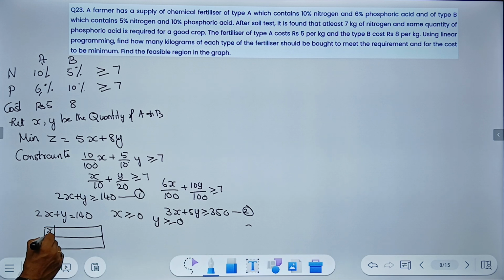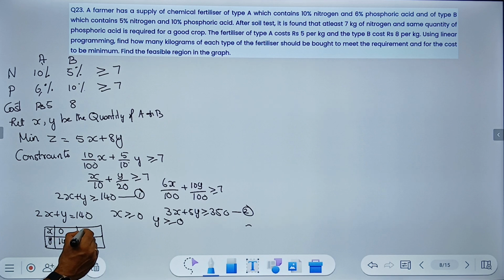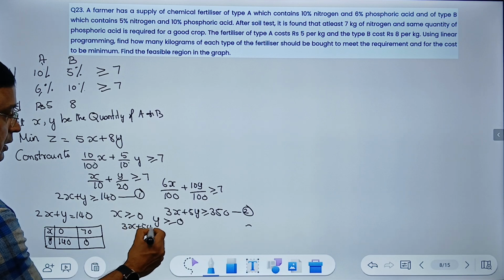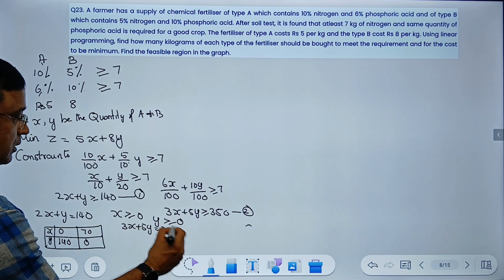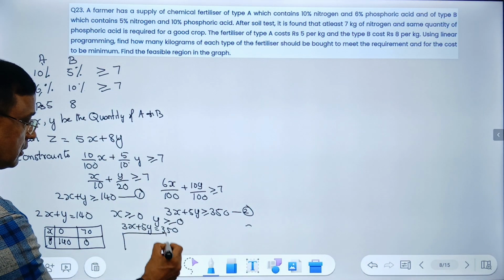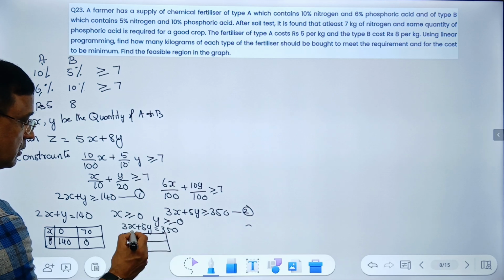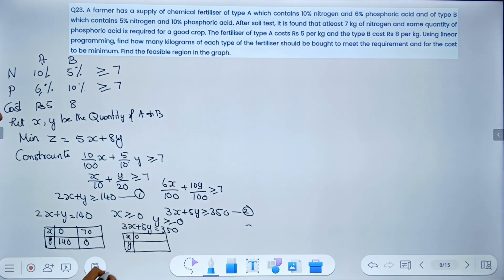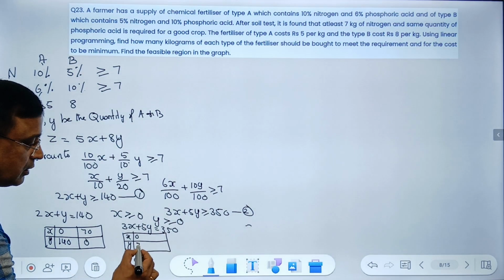This is x and this is y. X is 0, y is 140. Y is 0, x is 70. Now this is 3x plus 5y equal to 350. So what do I get? When x is 0, y is 70.